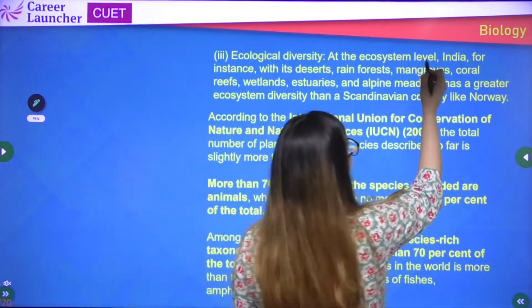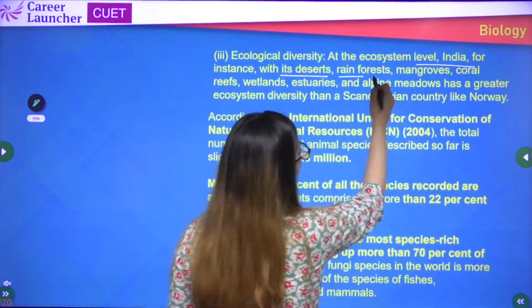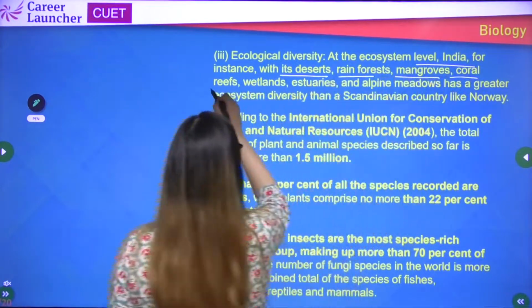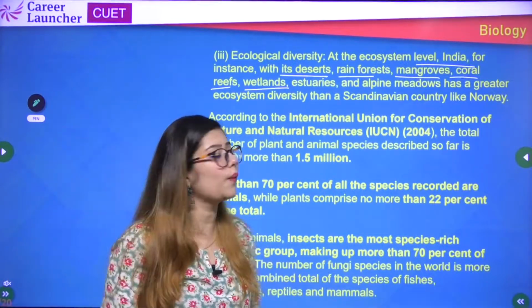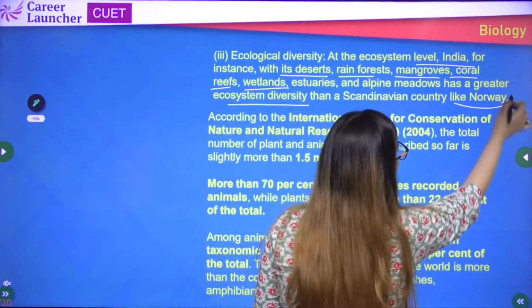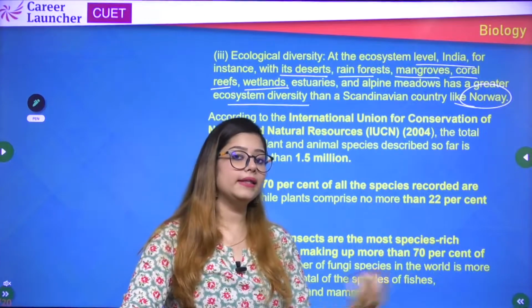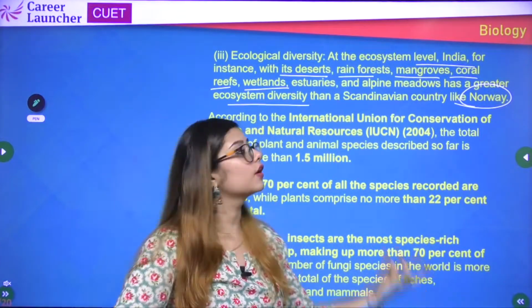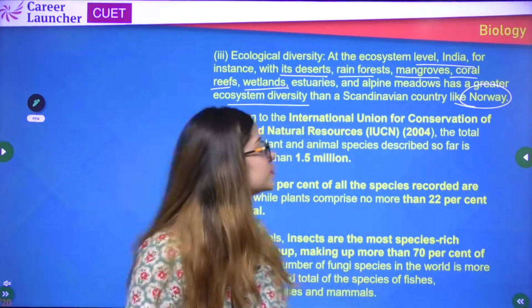For example, if we talk about India, it has deserts, rainforests, mangroves, coral reefs, wetlands, etc. and obviously it is going to have a greater ecosystem diversity than, for example, a country like Norway. Right? So all these three, genetic, species and ecological, are the three aspects of biodiversity that are seen.